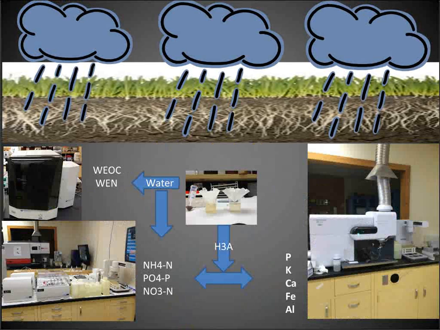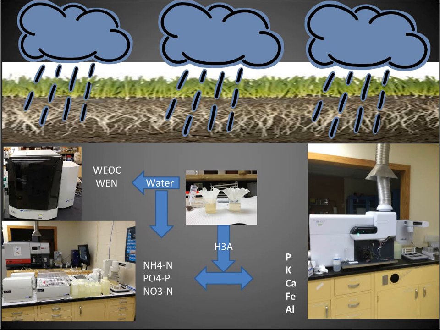With the samples, we run water on both the colorimetric machine for ammonium, phosphate, and nitrate. The same sample, the same standards are run on the carbon analyzer. So the water sample gets carbon and total nitrogen, and then inorganic nitrogen. The H3A extract gets run on the colorimetric also, and this is a microwave plasma, similar to an ICP.